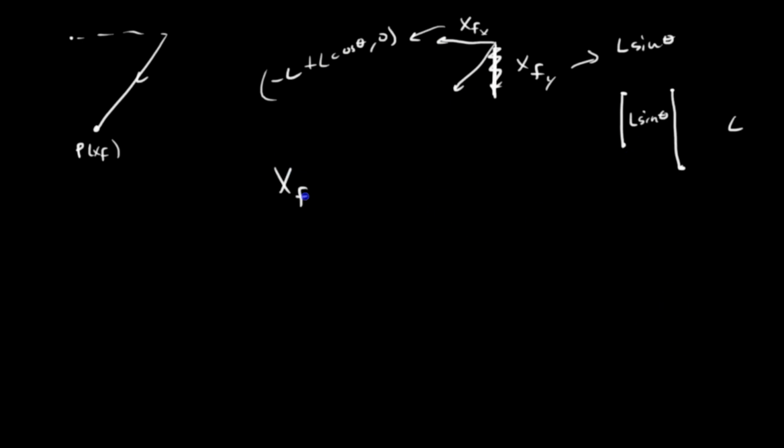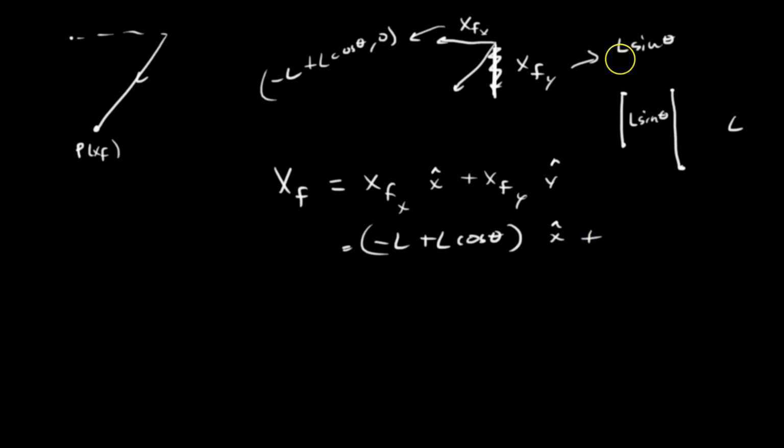So finally, xf is going to be a superposition, a linear combination of the components. Remember we did before, xf in the x direction plus xf, the y component in the y direction. So what is this x component? Negative L plus L cosine theta in the x direction, plus, what is this y component?